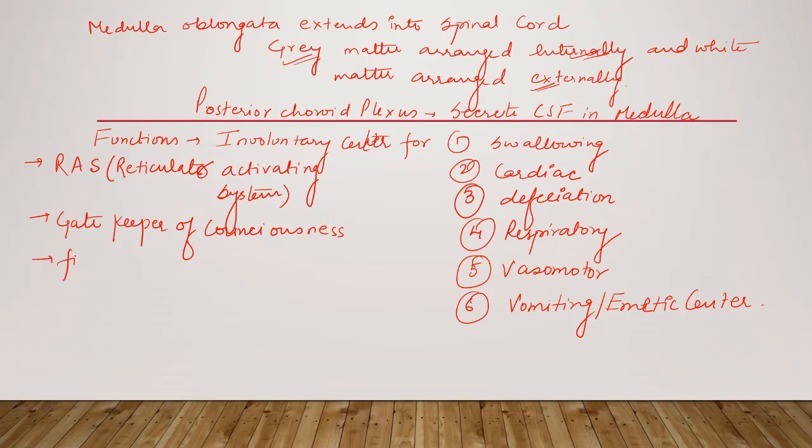It filters unnecessary sensory information from reaching the brain. So these are the functions of the medulla oblongata.